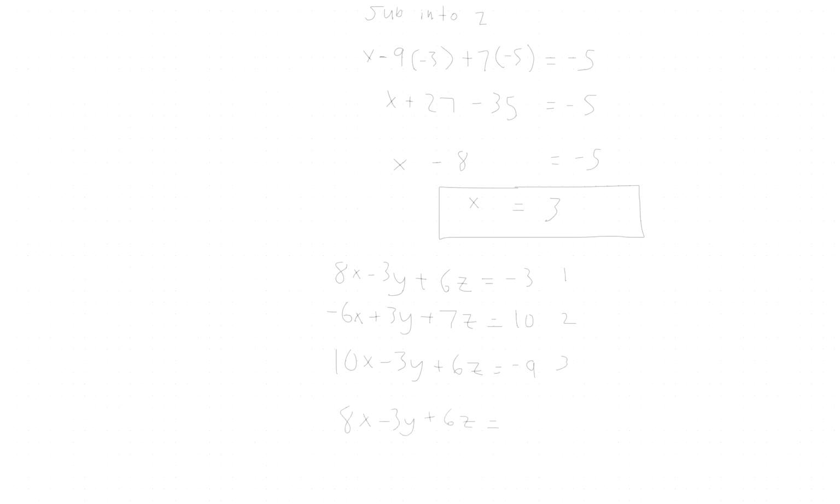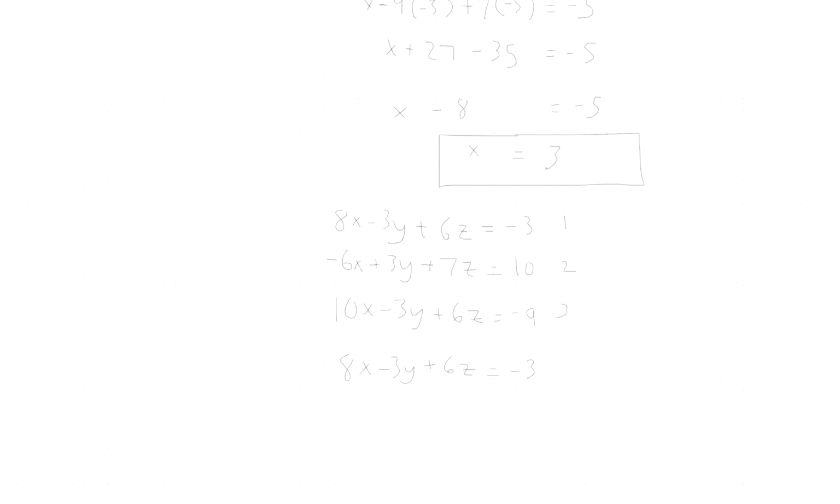What would happen to the y term if we added 1 and 2? It'll cancel out. All right, so there's equation 1 on top and equation 2 on the bottom. Okay, so we're going to add 1 plus 2, so the y terms will cancel out.